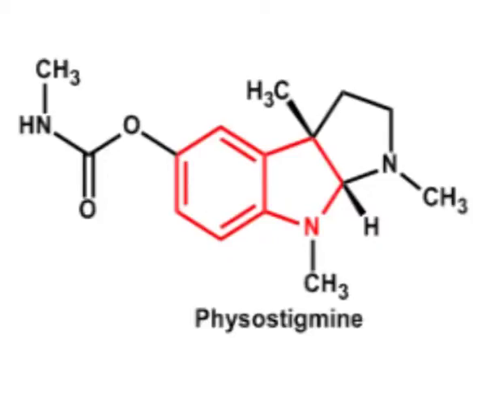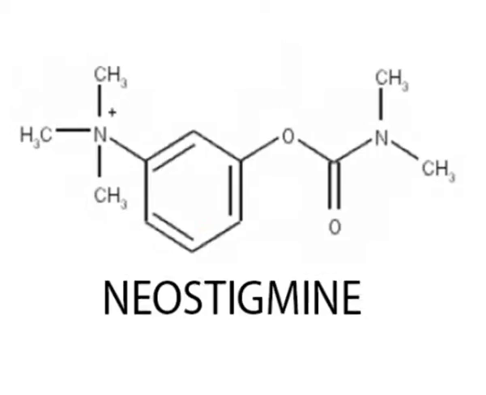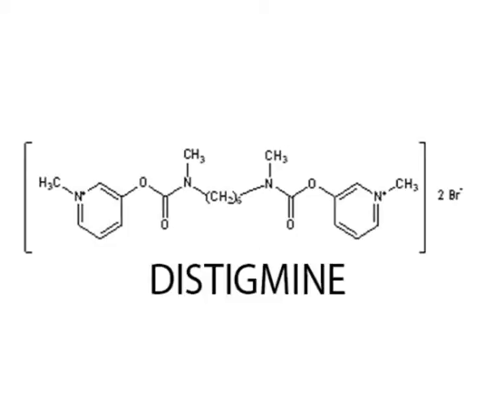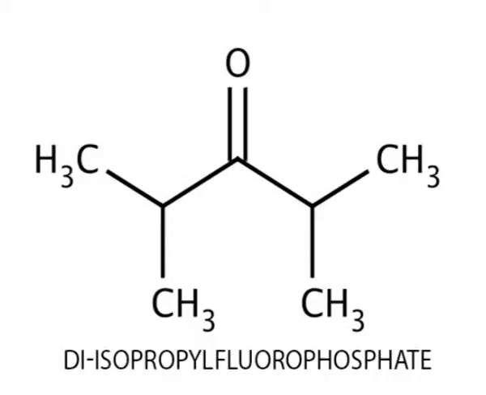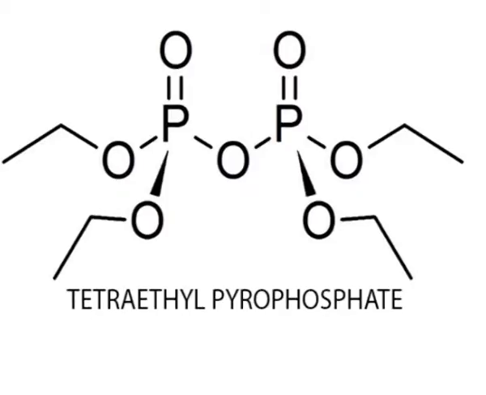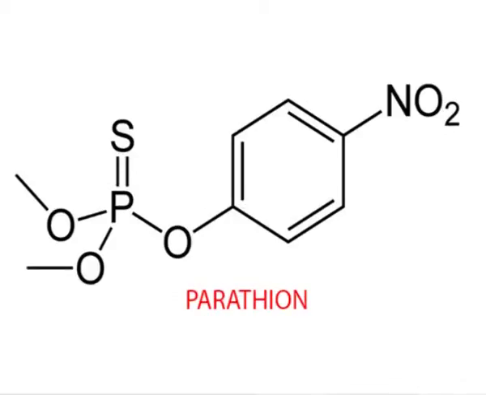Two types of anticholinesterase have been discovered and reported. These include reversible and irreversible anticholinesterases. Examples of reversible anticholinesterases include physostigmine, neostigmine, pyridostigmine, ambenonium, edrophonium and distigmine, while irreversible anticholinesterases include organophosphorus compounds like diisopropyl fluorophosphate, echothiophate, tetraethyl pyrophosphate, malathion and parathion.